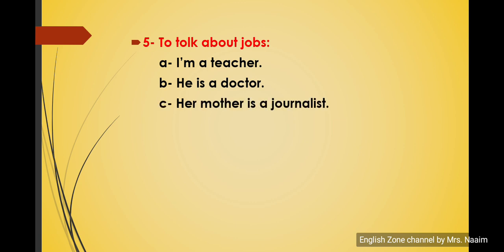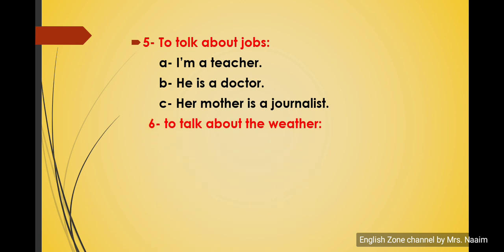The third example. مثال الثالث. Her mother is a journalist. Her mother is a journalist. أمها صحفية. Okay. So كما قلت سابقا نستعمل من بين استعمالات فعل كينونة في اللغة العربية هي التحدث عن المهن. Okay.